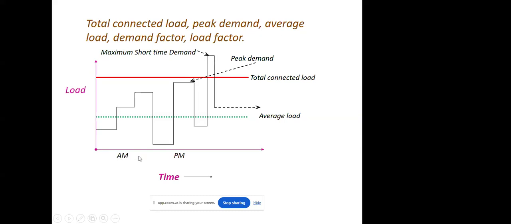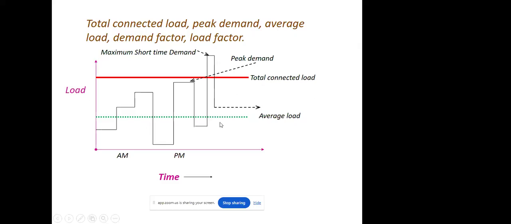During daytime and night time, the demands may be different. Say for example, early in the morning, 9 o'clock, the demand is this. Then the demand is increasing in steps, and suddenly in the evening, during the change of the shift, there is no demand. Then in the second or third shift the demand has gone up. Sometimes there was a peak demand also, and this is a load pattern.